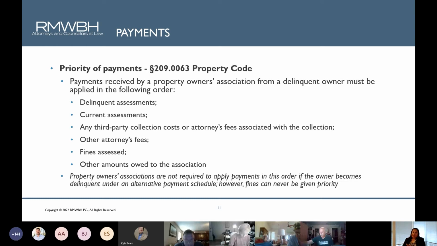Sometimes those just kind of sit on the account until the next year, and associations fall into this difficult path of not being able to collect the total amount that they're out. And that's hard because some of those costs are hard costs. For example, collection costs that the association's managing agent might charge.